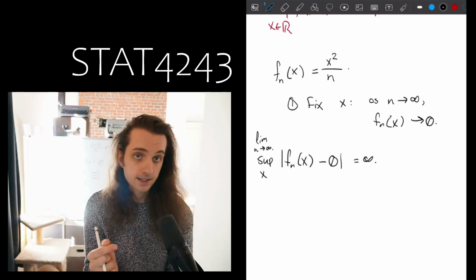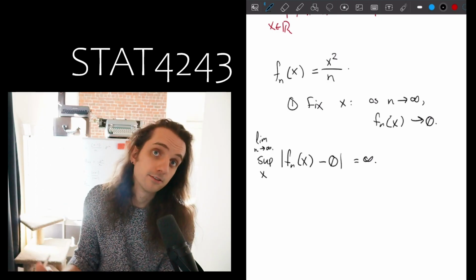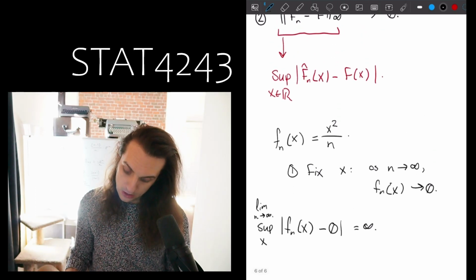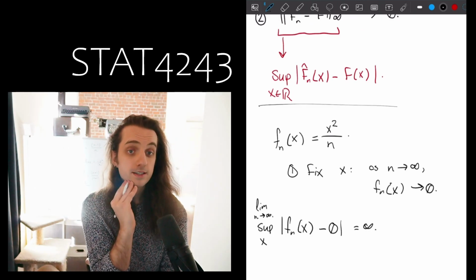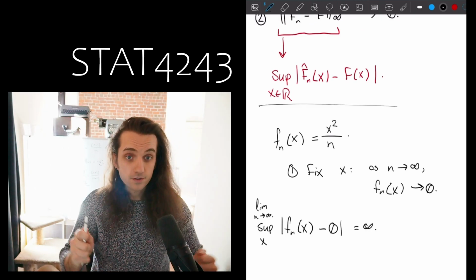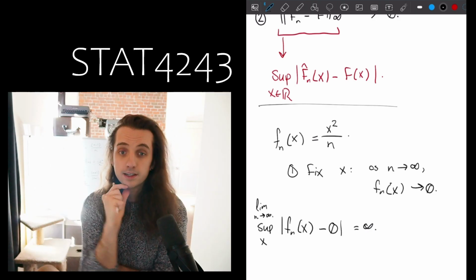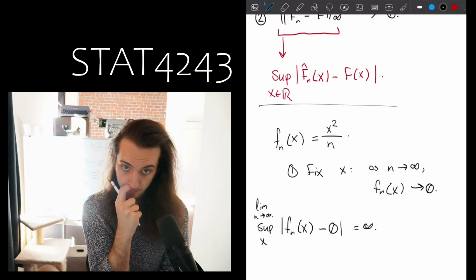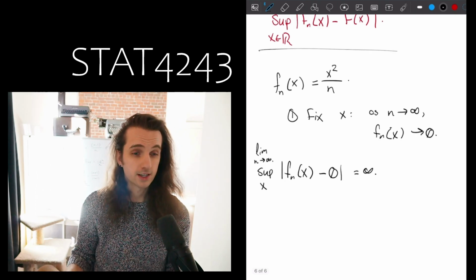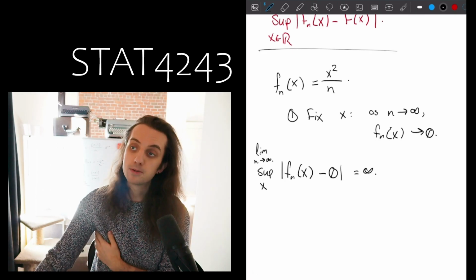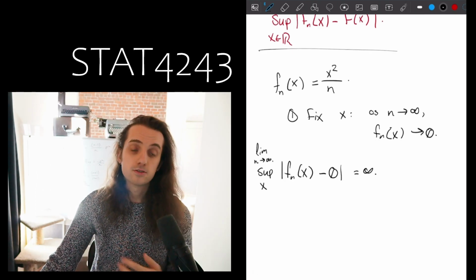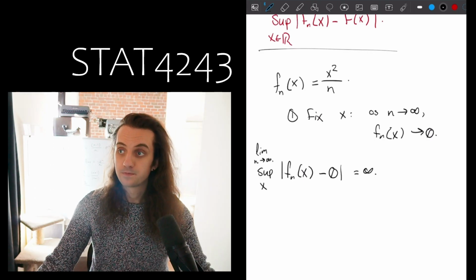There's never going to be a time that if you take n big enough, it won't matter what x is. Whereas in our case, even if you first find the maximum difference and then you take n off to infinity, that's still going to go to 0. Hopefully this gives some intuition as to why this is a stronger result. This says that we have uniform convergence.